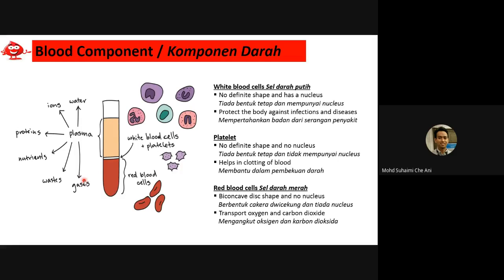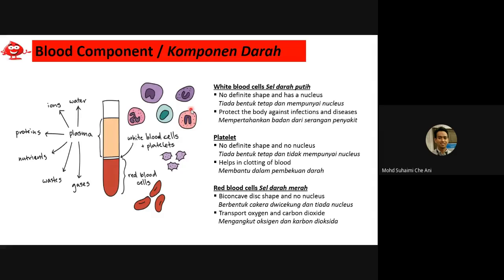For components, you need to look at the function of each component, and then you will know what happens if the component is not enough. So I will go through each component one by one. You know that plasma is a liquid that carries the other substances. Now we look at the white blood cell, sel darah putih.